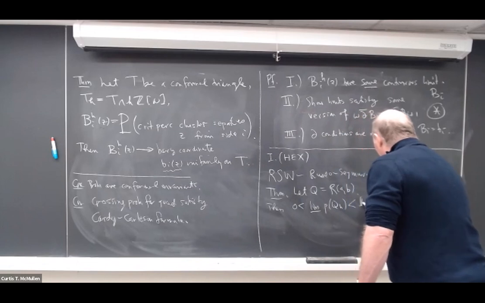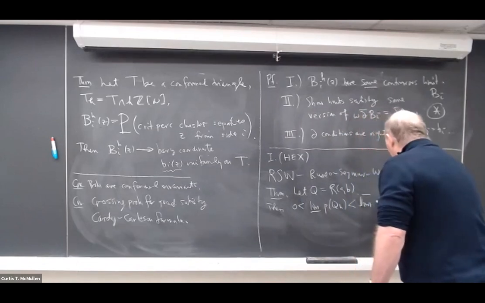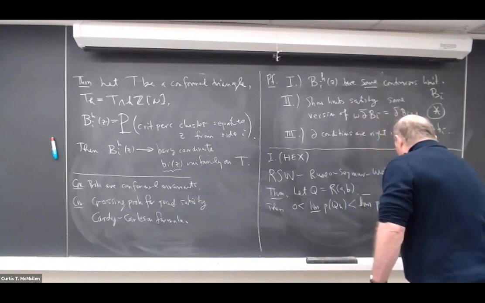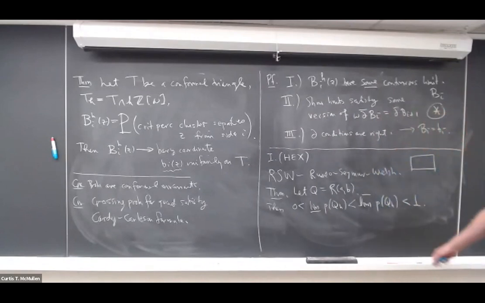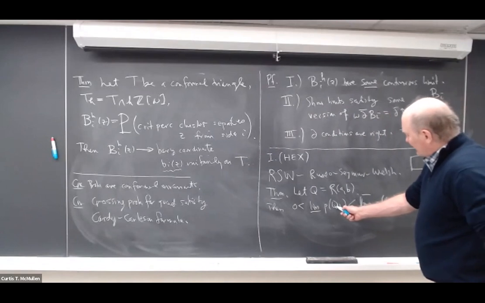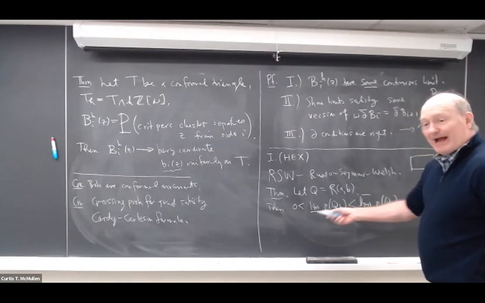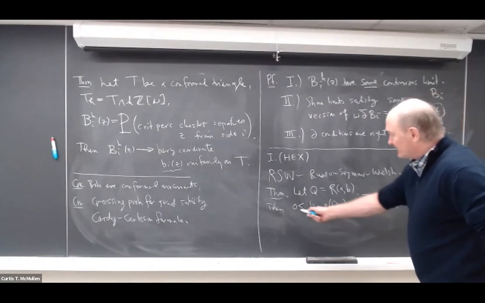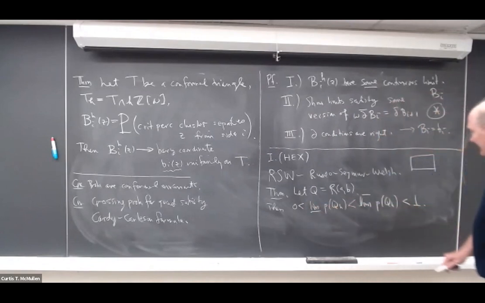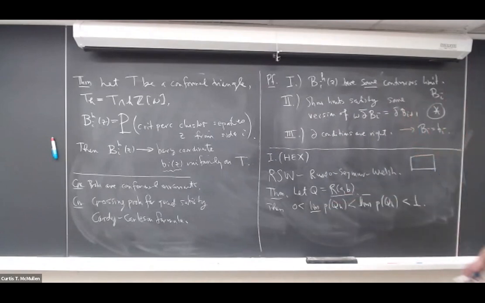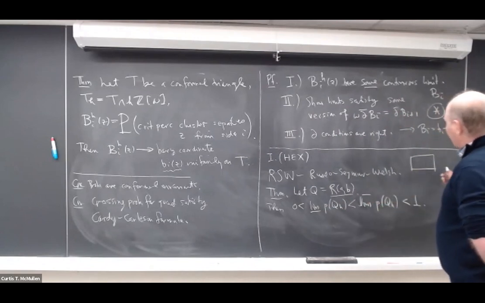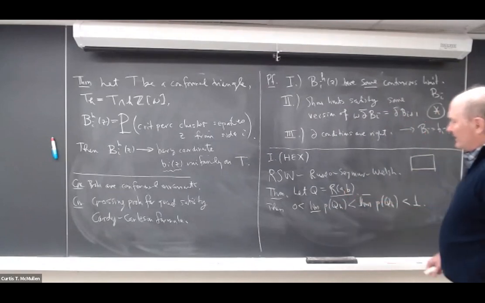And the strongest theorem that was known, there are some specific bounds here, but I won't say what they are, was that as you make the lattice finer and finer, the crossing probability might oscillate, but it doesn't accumulate at 0 and it doesn't accumulate at 1. Now, where it does accumulate depends on the modulus of this quadrilateral. The longer the quadrilateral is, the more this might get close to 0 or 1.